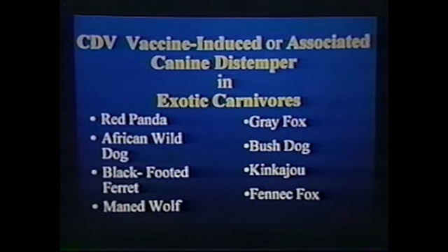As I mentioned, vaccine-induced distemper is a rather large issue in captive species, as well as now even those wild species to which the host range seems to have extended. And the problem being there's really no vaccine.